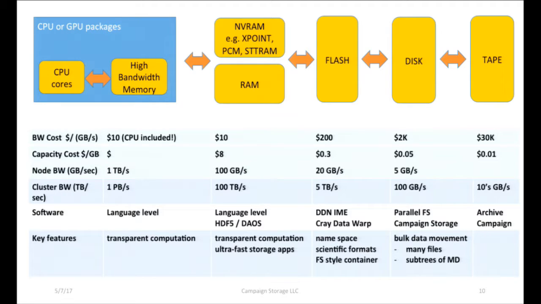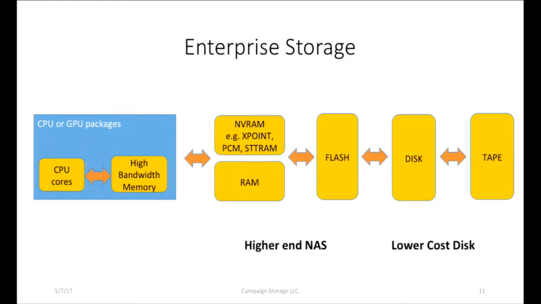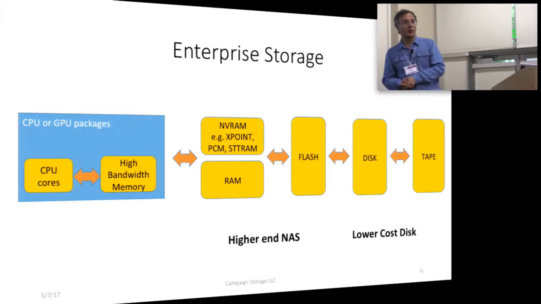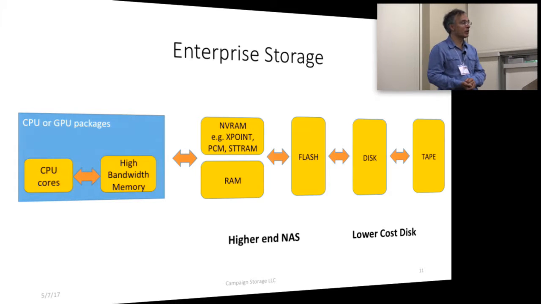Campaign storage targets the movement between 2 of these tiers, perhaps, or maybe 3 of these tiers. It's not a system that fits every possible application, but it is for managing tiers. By the way, in enterprise storage, there is a similar problem or case for high cost and low cost. In enterprises, very often expensive file servers are used.